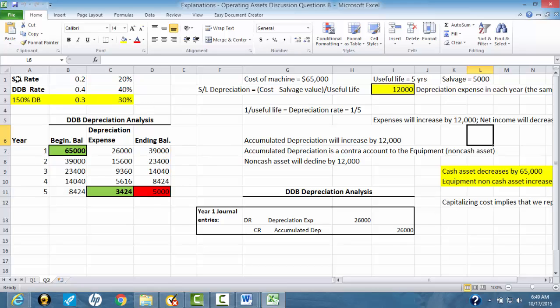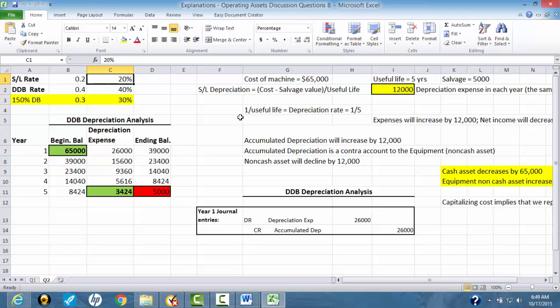Now, the straight line method depreciates the asset uniformly over the useful life of the asset, which means that depreciation is equal every year. The depreciation rate is therefore 1 divided by the life. So for 5 years, we'll depreciate each year 20% under the straight line method.